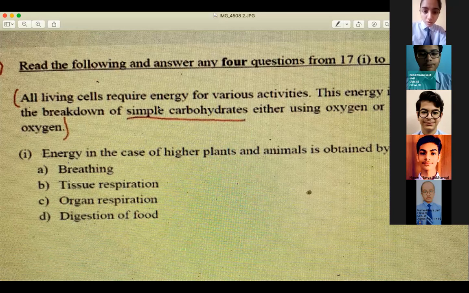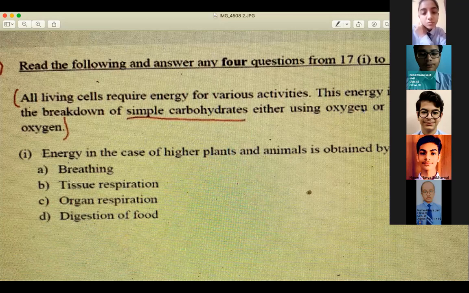All living cells require energy for various activities, isn't it? Then what is the next thing? This energy. What is written there? Because it is hidden from my side, as I have your pictures there. The breakdown of simple carbohydrates, either using oxygen. And what is written beyond it? Or without using oxygen.